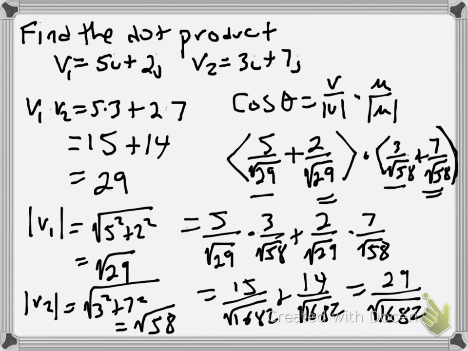Alright, so basically what we did was find what our cosine is equal to. Now we have to find our angle measure.